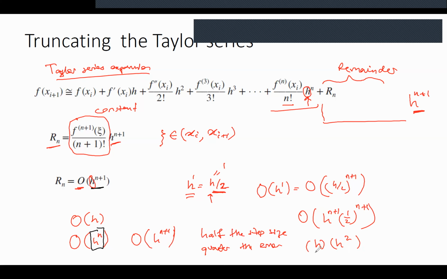Okay, if this is 1 over 2, then that's going to be 1 over 4. So it's very important to choose this step size carefully, but we'll be showing that you cannot reduce it that much because of the round-off errors.